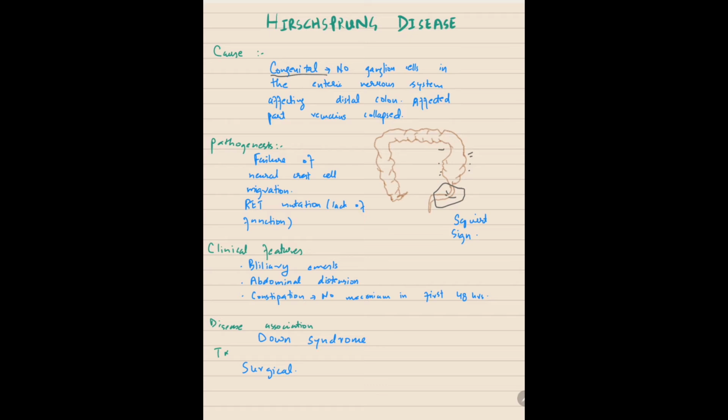So let's talk in a little more detail about the ganglion cells. To understand the ganglion cells, we have to look at a bit of the histology of the GI tract.